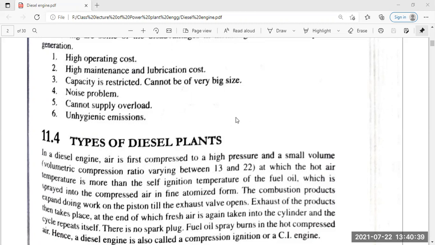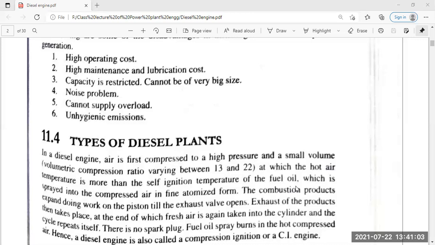In the diesel plant, air is first compressed to a high pressure in a very small volume. Generally, the volumetric compression ratio is a minimum of 13 to 14, or it can be as high as 22. Means it is to be compressed to a very high degree, at which the air temperature is more than the self-ignition temperature of the fuel oil.